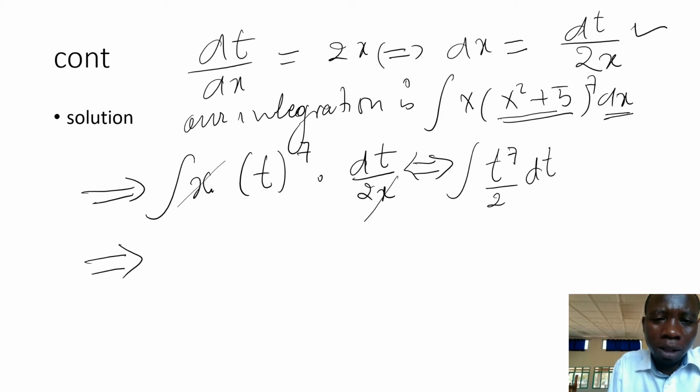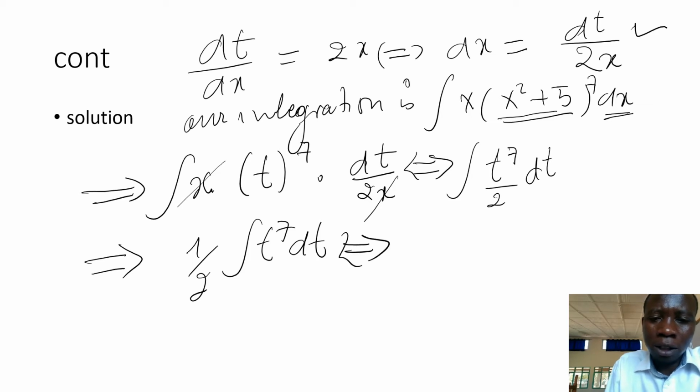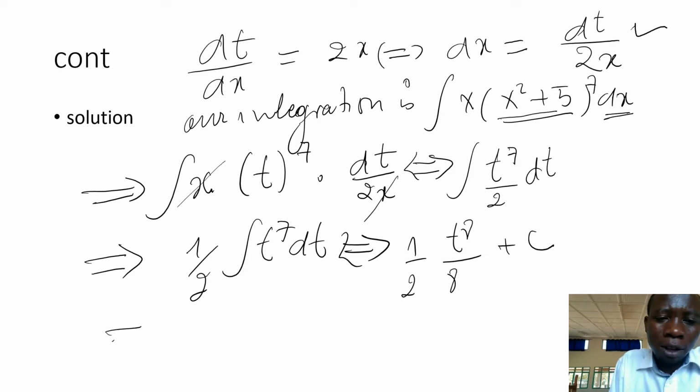So the integral is 1 over 2 times the integral of t power 7 dt, which is a half times t power 8 over 8 plus c, and finally the integral is 1 over 16 t power 8 plus c.